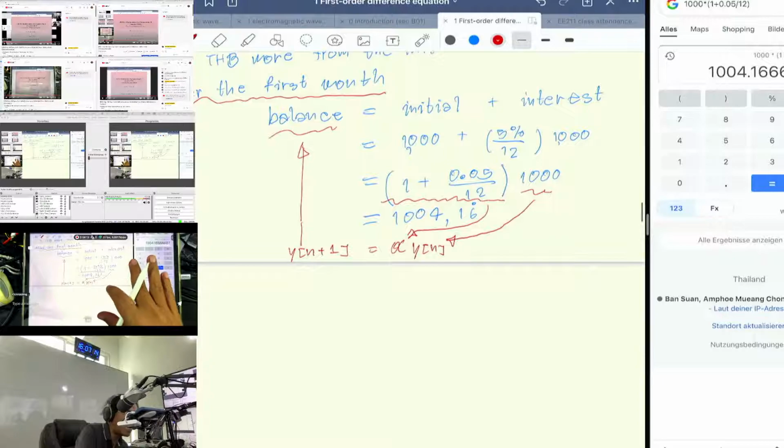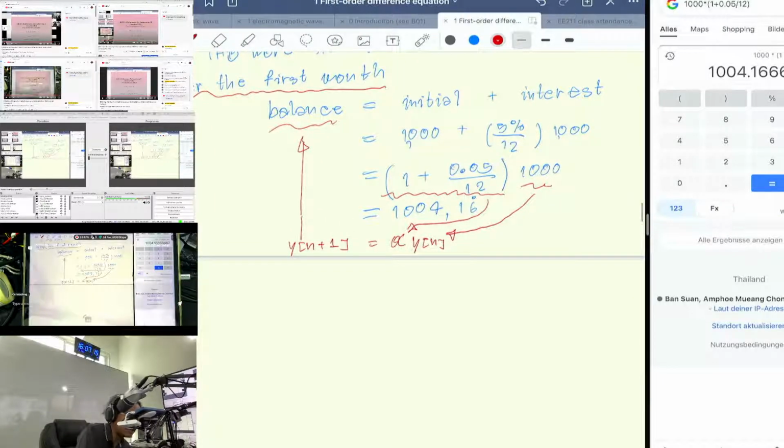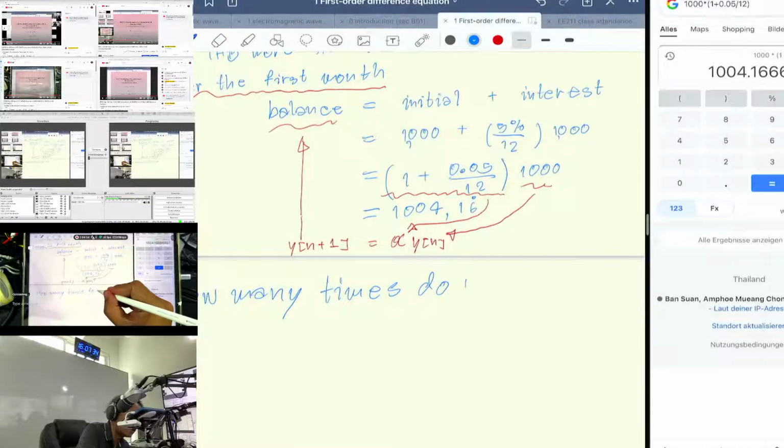So how many times should we calculate the balance?